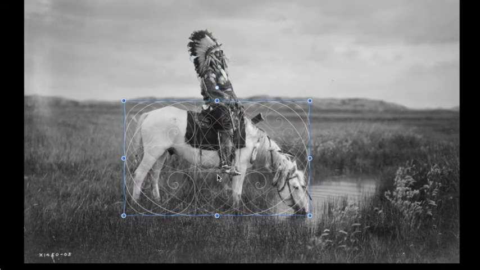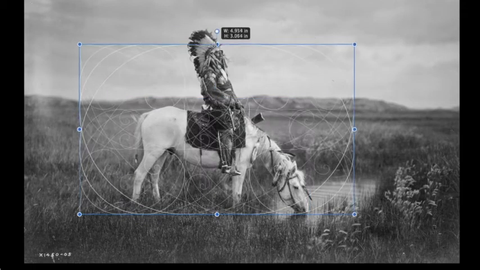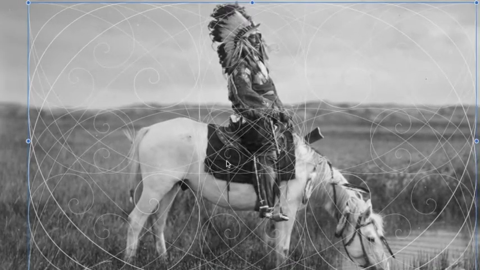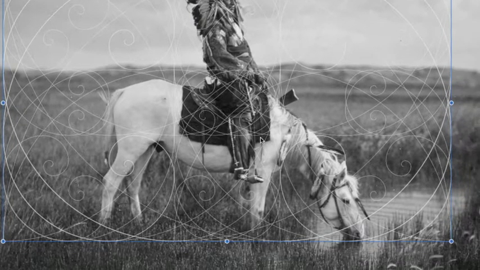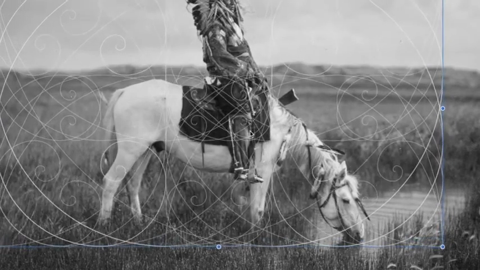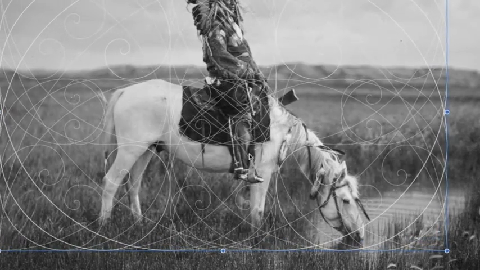This one, if we go from the nose to the, or from the ground to the top of the headdress there. Again, centered on the blanket.